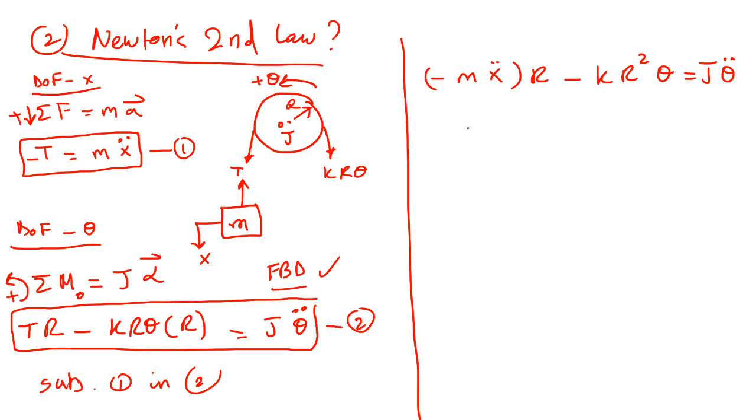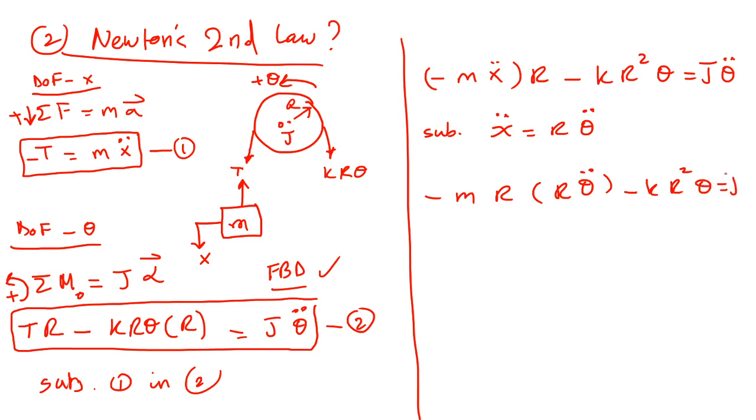You need to recall x double dot is equal to R theta double dot. Substitute. So this will become minus m R squared theta double dot minus K R squared theta equal to J theta double dot.